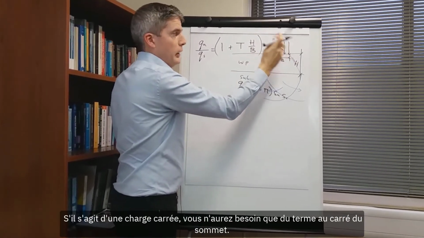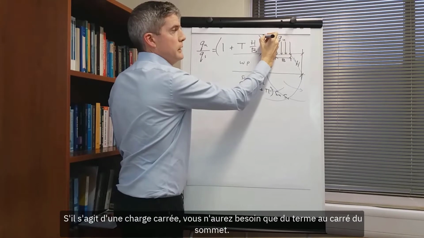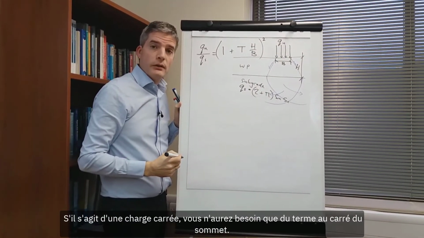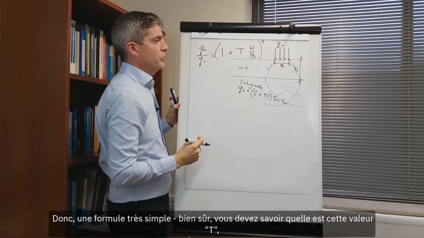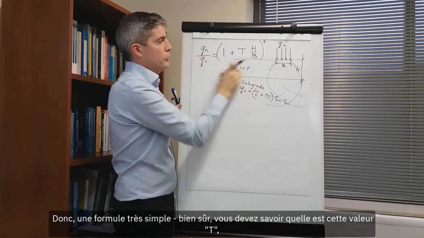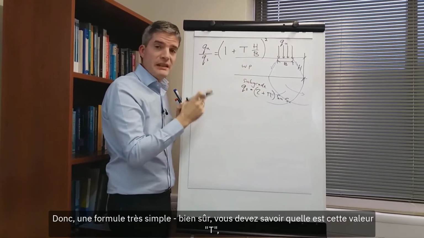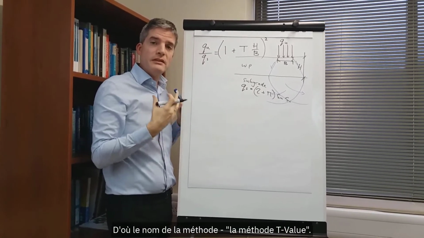If it's a square load, then you would just need the square term at the top there. So a very simple expression. Of course, you need to know what this T value is. Hence the name of the method, the T-value method.